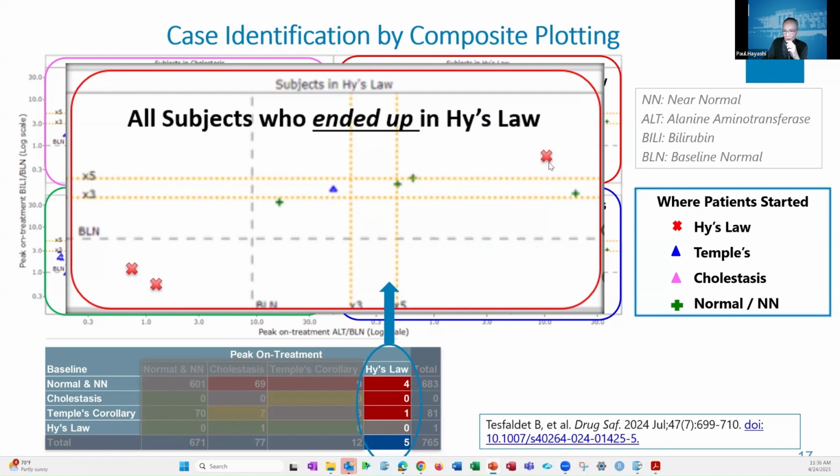These are the baseline cutoffs. This guy I would definitely look at. He moved his baseline quite a bit. So this is a way to even look at and triage the ones who stayed put in a bad quadrant, Hy's Law or Temples. So again, this was a way to look at visualization. Is there a problem or not? Categorization: which groups of patients are we going to focus on?